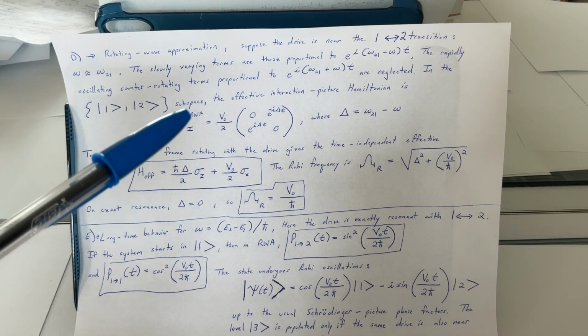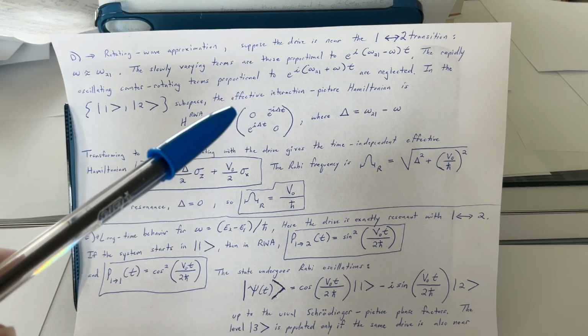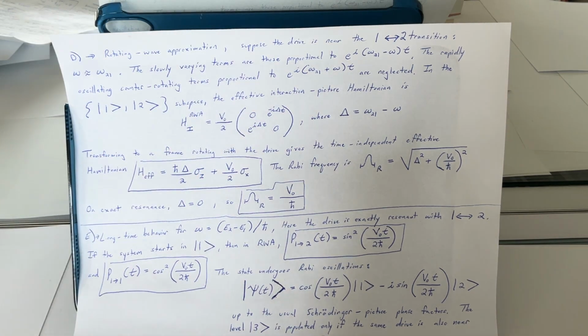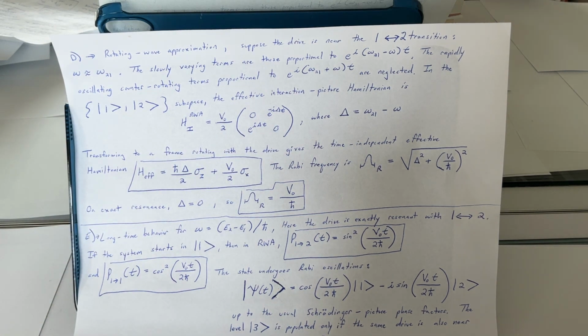This H sub I superscript RWA equals V naught over 2 times this matrix, first row 0, e to the negative i delta t, second row e to the i delta t, 0, where delta equals omega 21 minus omega.